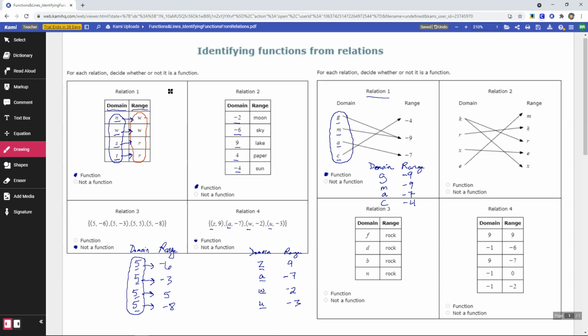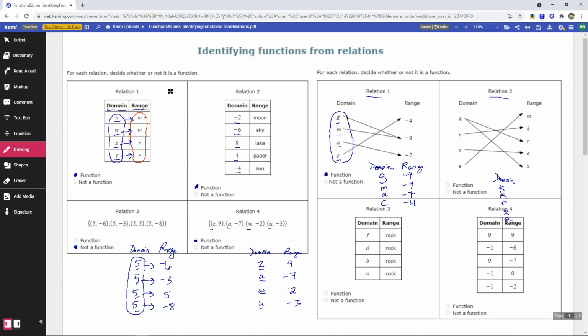For this relation too, we'll make a table. So for our domain, we have k, but k has two arrows coming off of it, so we need to write k twice. Then we have r, x, and e.